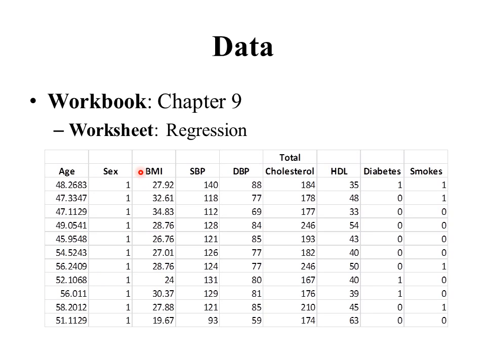BMI, body mass index, systolic blood pressure, diastolic blood pressure, total cholesterol, HDL cholesterol, diabetes, where 1 means that the person has diabetes, 0 does not. Smokes, 1 means that the person does smoke, 0 means that the person does not smoke. And so we'll be using several columns of data here in this lesson and the next part.